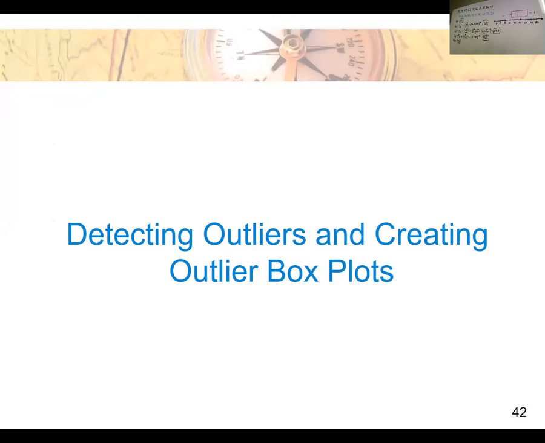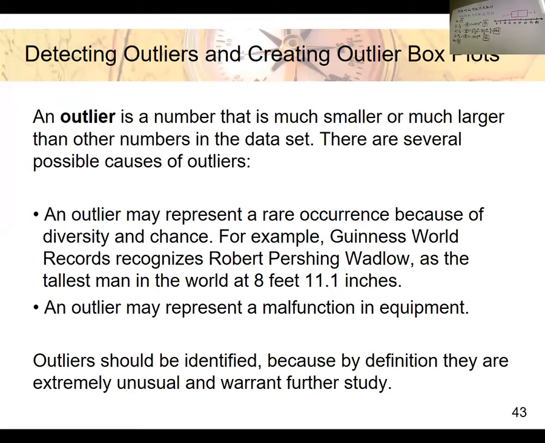Now, what is an outlier? An outlier is a number that is much smaller or much larger than other numbers in the data set. Those are numbers far away, either to the right or far away to the left.